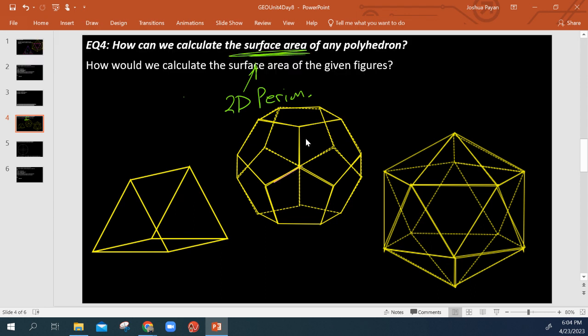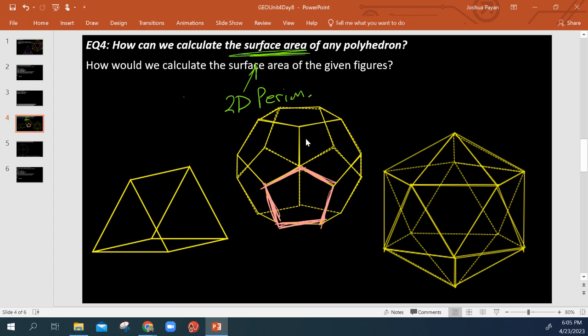Same thing goes here. So this guy is obviously a platonic solid, right? It's going to have 12 regular pentagons for its surfaces. I'm having a brain fart on what this one is called. Anyway, a dodecahedron. What's the matter with me? Anyway, it's going to have 12 pentagonal surfaces.